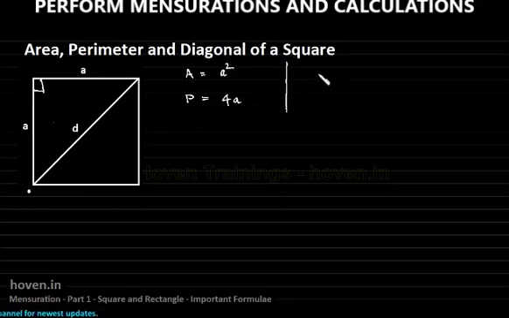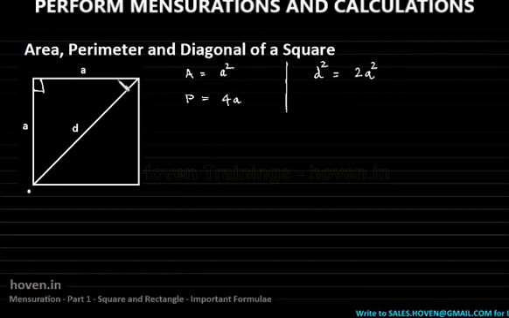So we can write that the square of the diagonal is equal to 2A square. Square of this side A square, square of this side A square. Therefore, D square can be written as equal to 2A square.